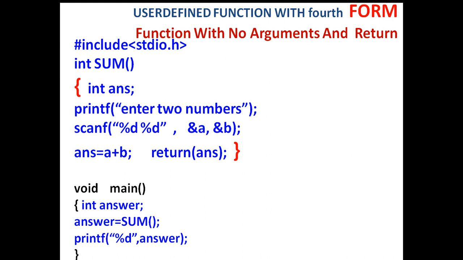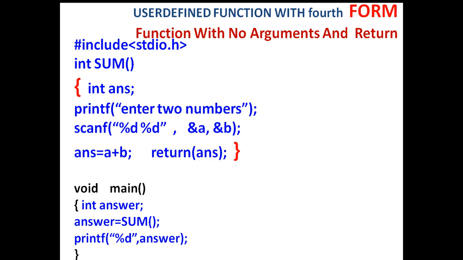Then you will keep empty brackets, and then you will start a curly bracket, and within the curly brackets you will write your set of statements. So here we have taken a function. This function will perform addition of two numbers, and it will return the calculated answer.